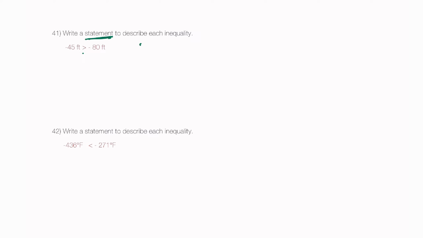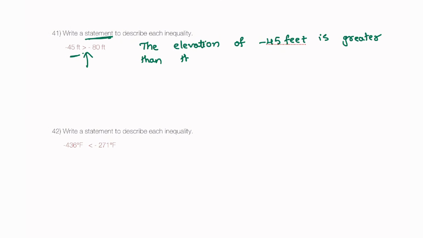So we can write the elevation of minus 45 feet, as it's given here, is greater than, because we have a greater than sign over here, the elevation of minus 80 feet. So that's the number there.